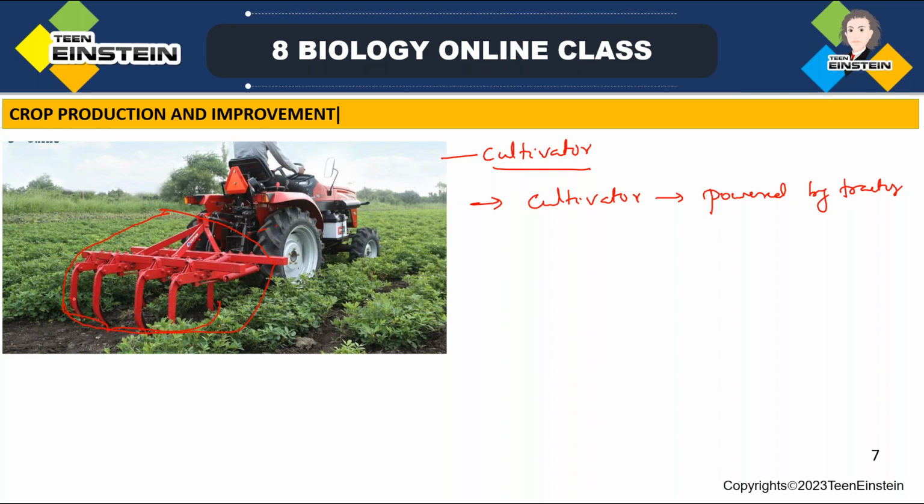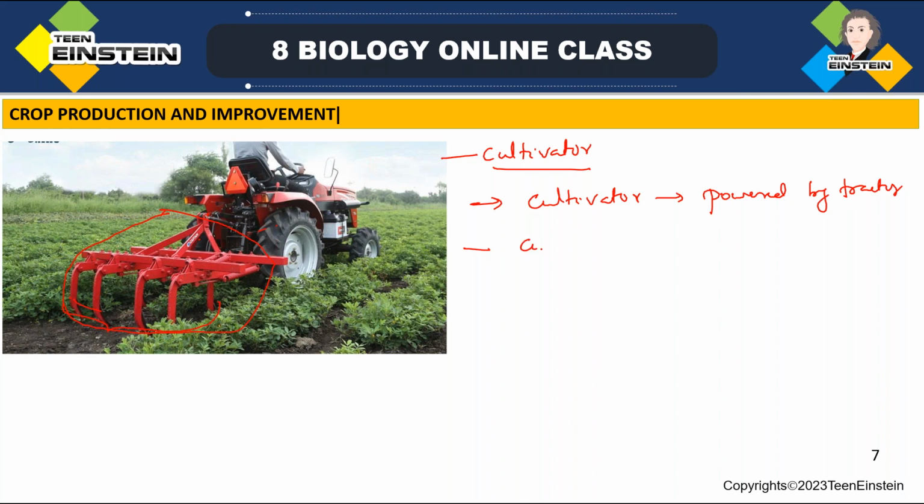So the cultivator is also for plowing or loosening the soil, and for weed removal, and unwanted vegetation we can remove from the soil. So tractors are used to power the cultivator.